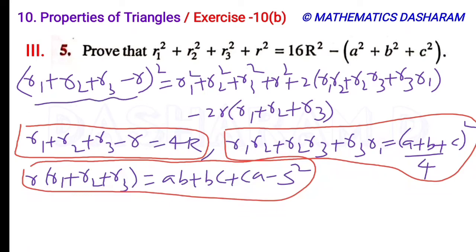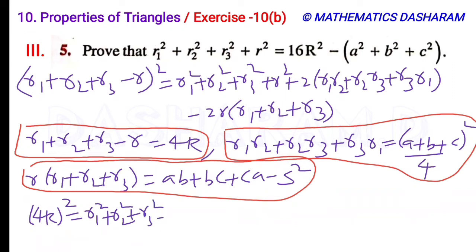See here, r1 plus r2 plus r3 minus r whole square, but its value is how much? 4r. Then 4r whole square equals our required answer: r1 square plus r2 square plus r3 square plus r square plus 2 bracket of, what is its value?